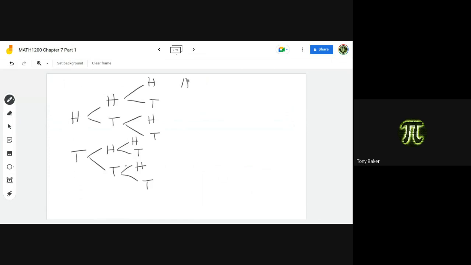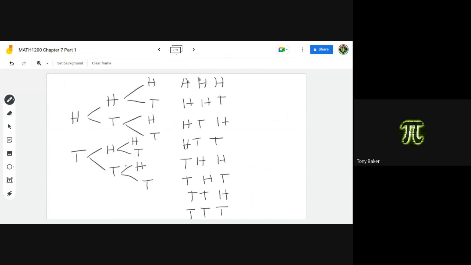Okay, so I have heads, heads, heads, heads, heads, tails, heads, tails, heads, heads, tails, tails. Tails, heads, heads, tails, heads, tails, tails, tails, heads, and tails, tails, tails.